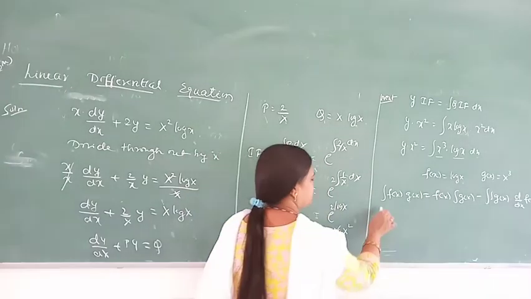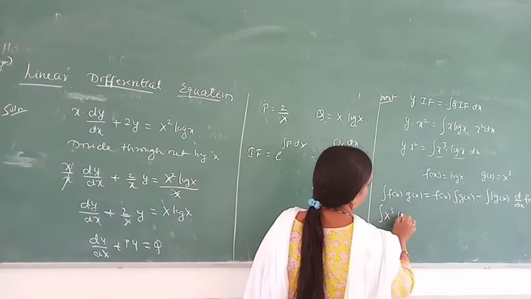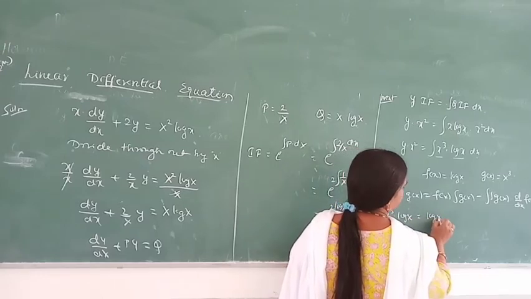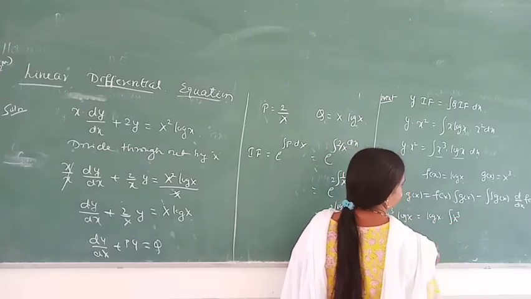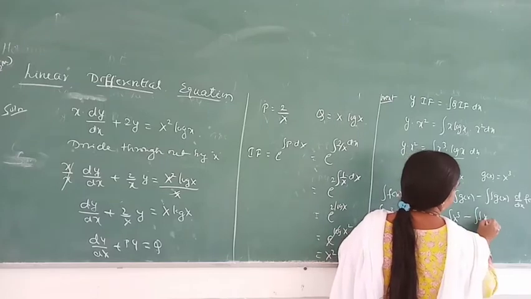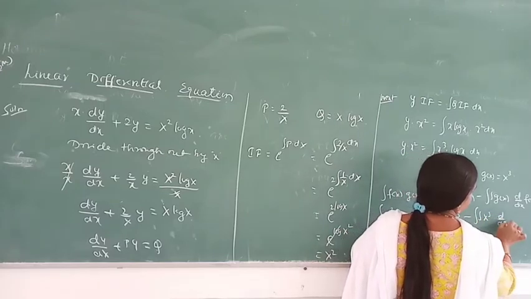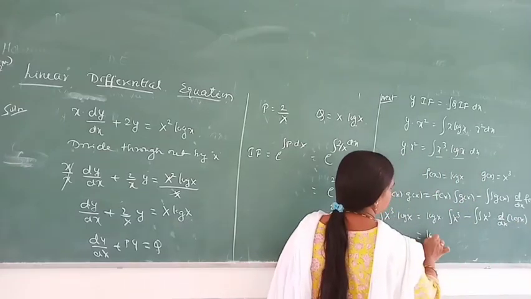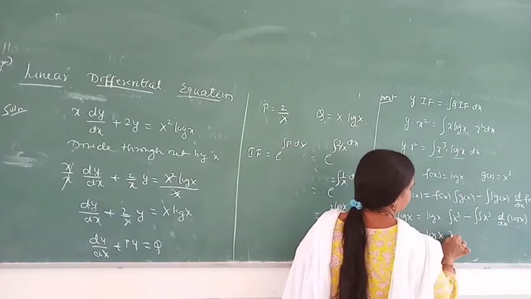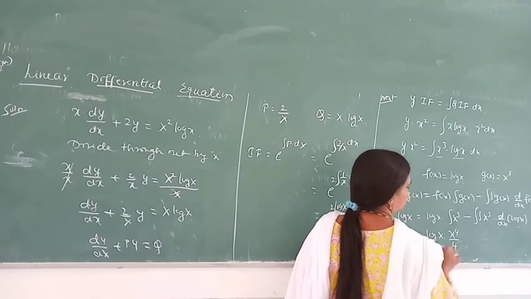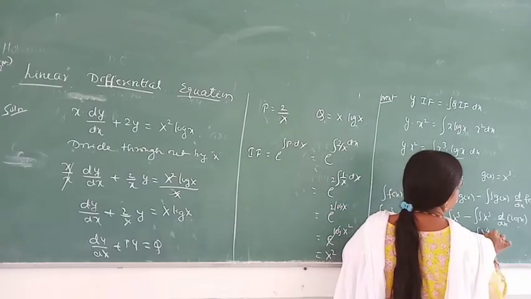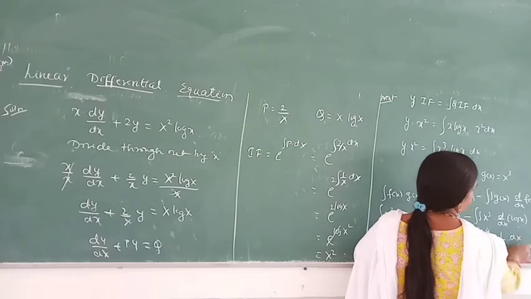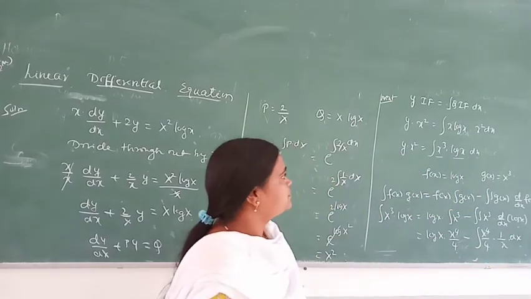Therefore, integration of x cube log x can be written as log x into integration of x cube minus integration of integration of x cube into d by dx of log x. Then log x into x to the power 4 by 4 minus integration of x to the power 4 by 4 into 1 by x dx.